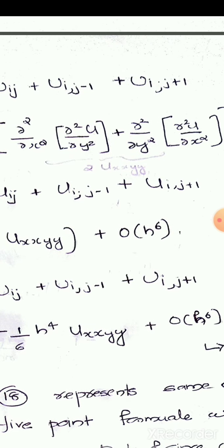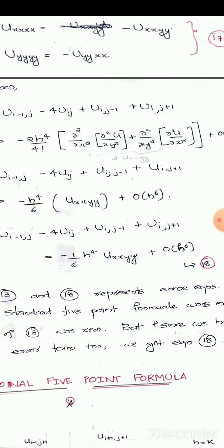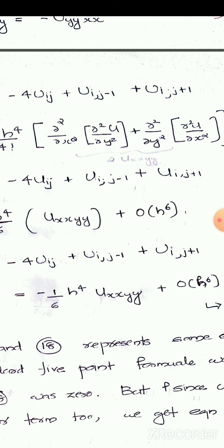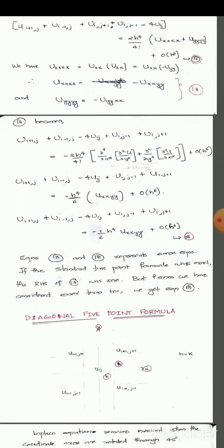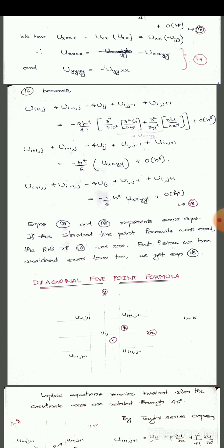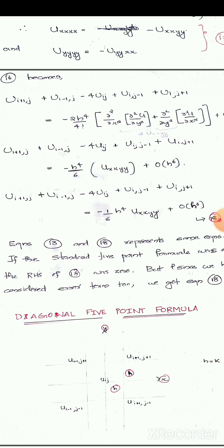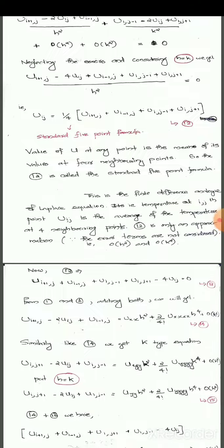The order is not important, so we can add: dou square u by dou x square plus dou square u by dou y square is 2 times. This term becomes 2 times the dou square u by dou x square into dou square u by dou y square. So we get equation number 18. This is the standard 5-point formula with the error terms, the higher order terms. When the error terms are not considered, this becomes the exact standard 5-point formula, represented in equation number 12.